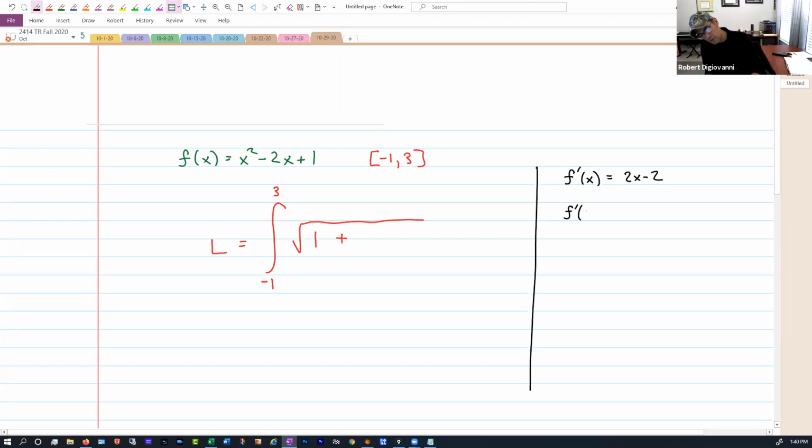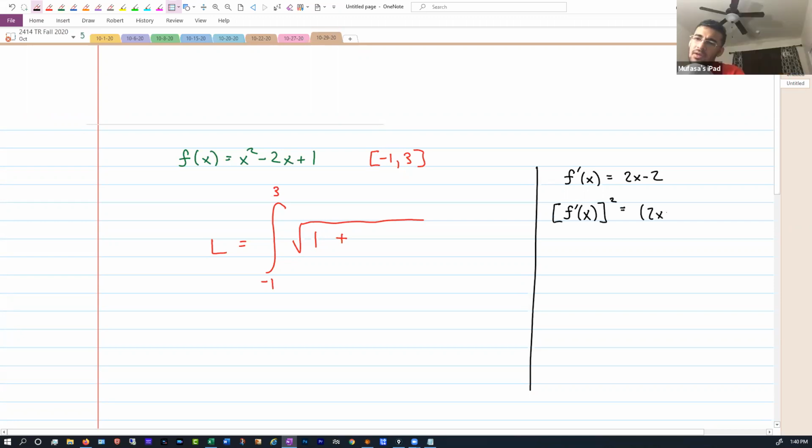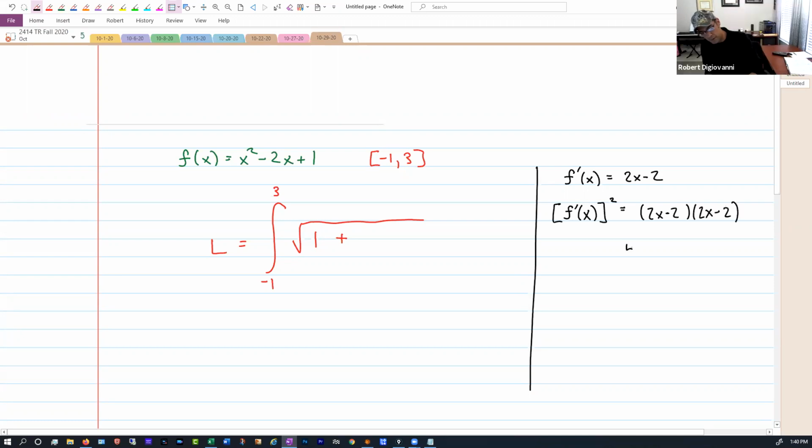So if I square that derivative, I get 4x squared minus 8x plus 4. And that's what I have to stick in there, so it's plus 4x squared minus 8x plus 4. And then don't forget dx on the outside.